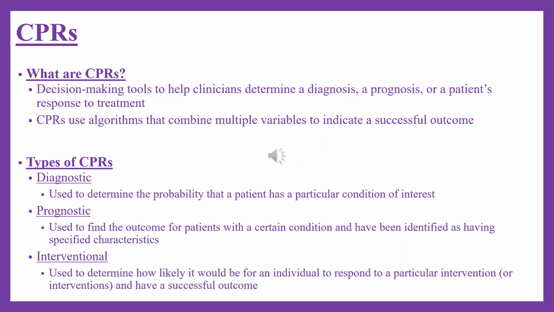Clinical prediction rules are just simple decision-making tools. They help you determine the diagnosis, the prognosis, and the patient's response to treatment. They really just use algorithms, okay? So they combine variables. For example, they can combine history and mechanism of injury to help us determine the likelihood that an injury exists.